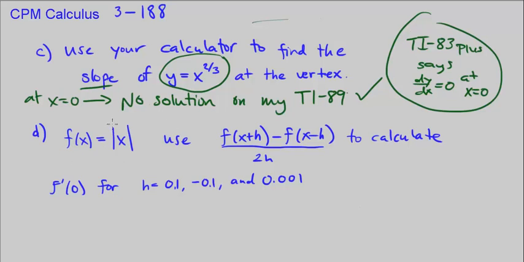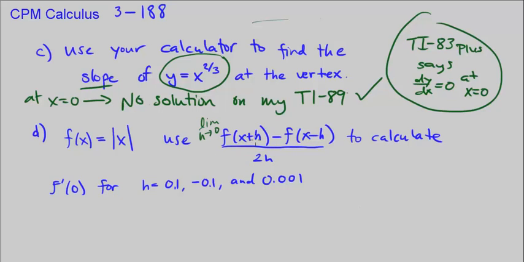For example, for f(x) equals the absolute value of x, they use f(x+h) minus f(x-h) over 2h, right? When you take the limit as h approaches 0 of this, and you have it over 2h.